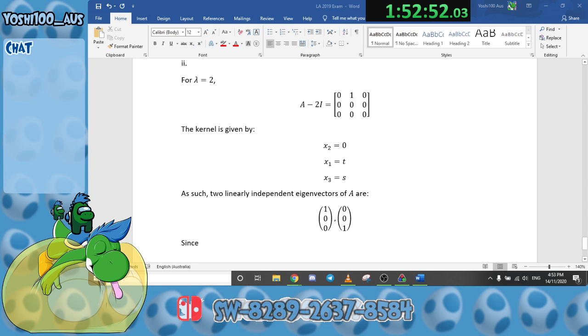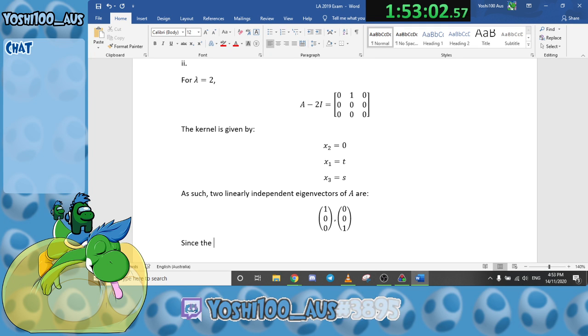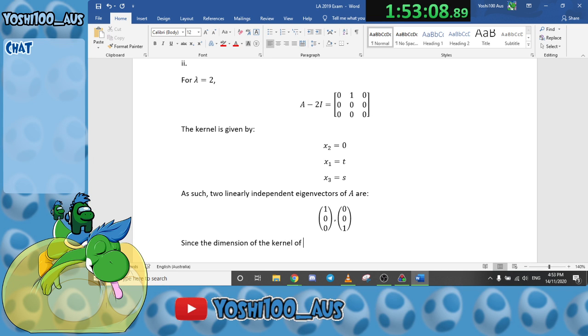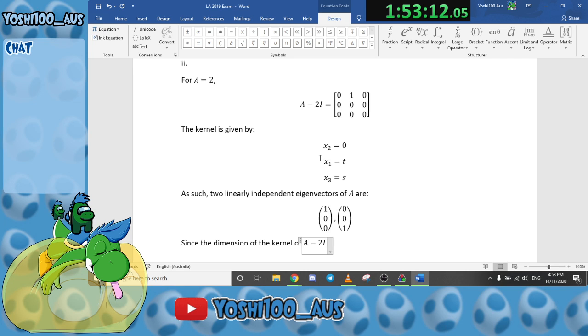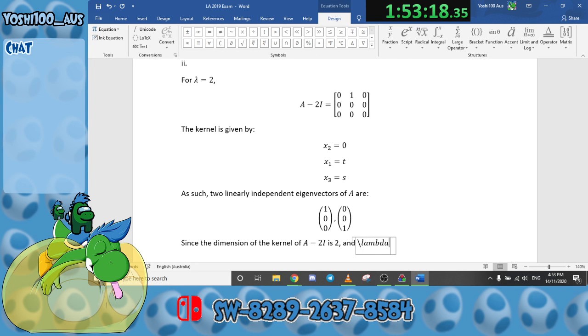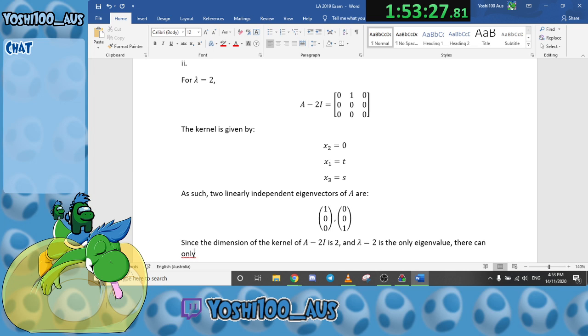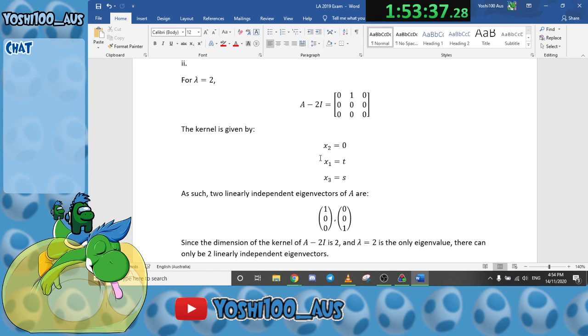Hold on, is this the third part of the question? Since the kernel is 2 and 2 is the only eigenvalue, there can only be 2 linearly independent eigenvectors. Right? I don't know if that's right or not, but whatever.